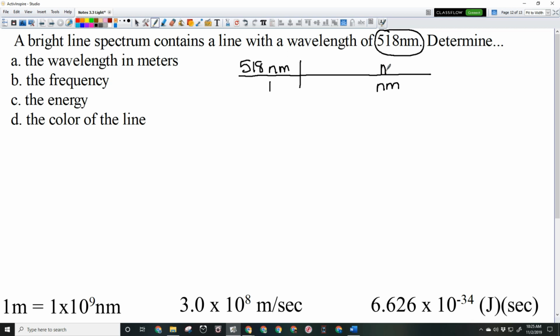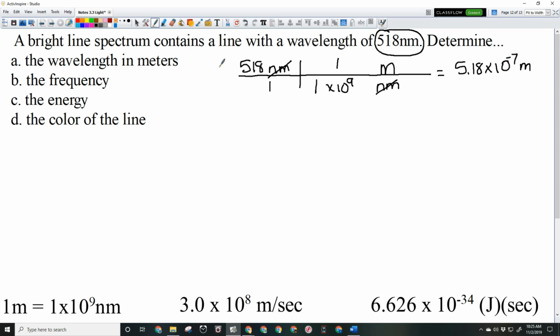I'm going to convert it to meters, so I'm going to put that in the top. 1 meter is 1 times 10 to the 9th nanometers. My nanometers are going to cancel. When I calculate this, I'm going to get 5.18 times 10 to the negative 7th meters. That's my answer there.